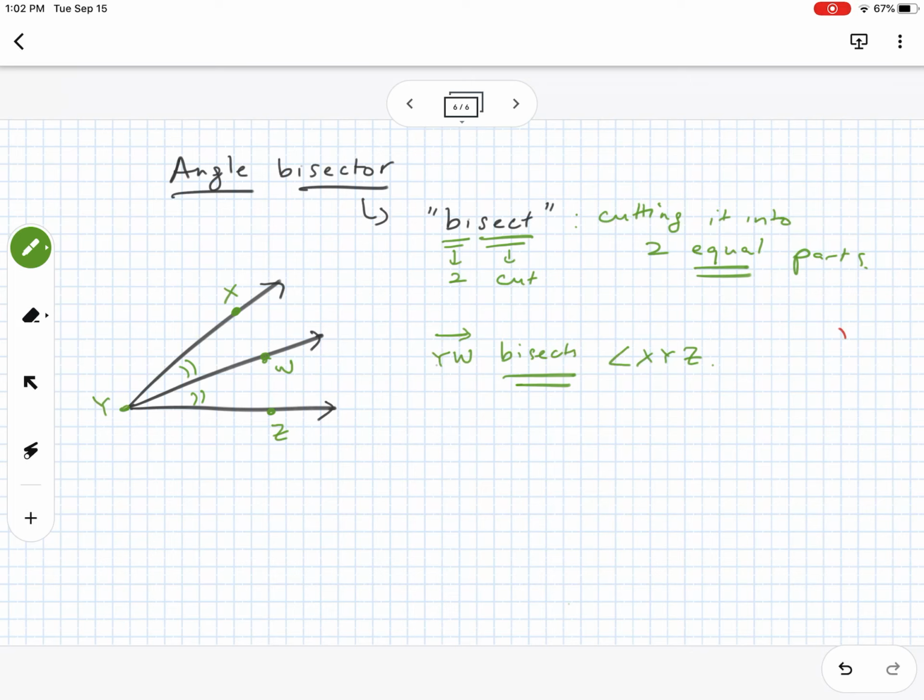So this means that angle XYW is congruent to angle WYZ. Or another way to put it is that the measure of angle XYW equals the measure of WYZ.